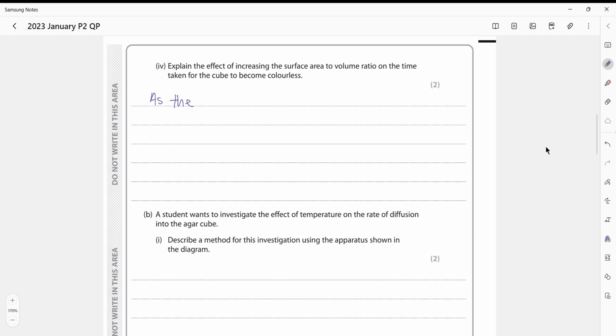As the surface area to volume ratio increases, so it's asking for the time taken, right? The time taken would decrease.